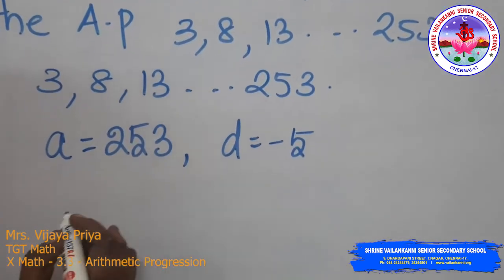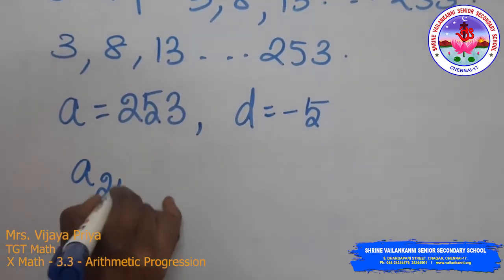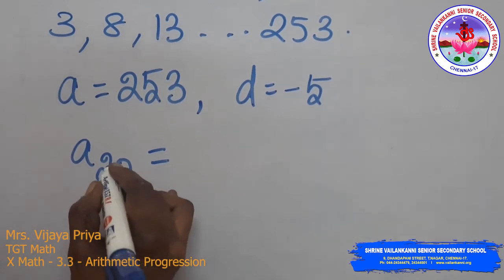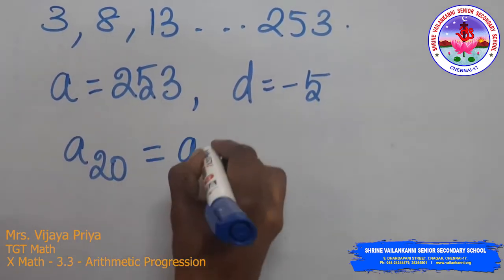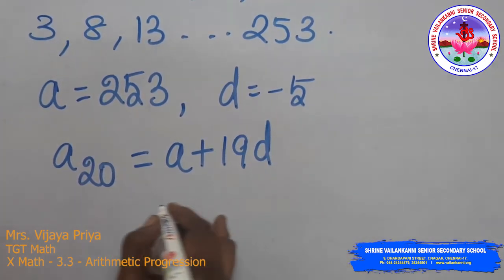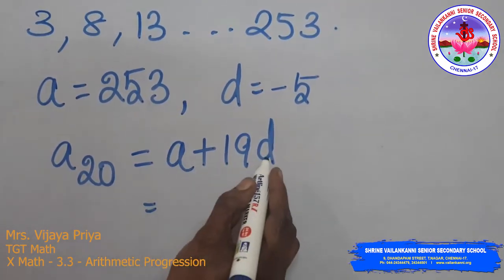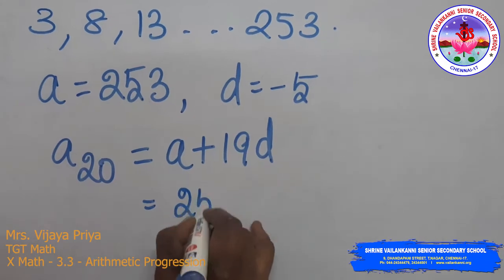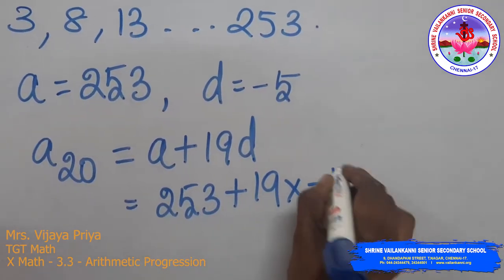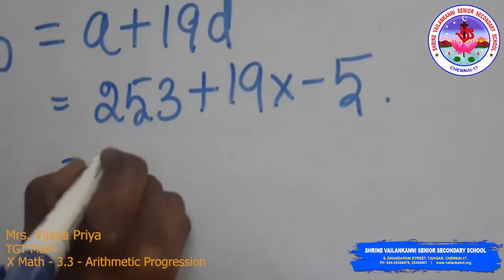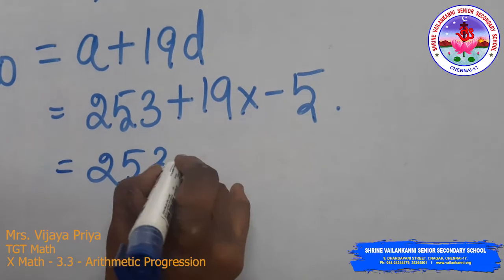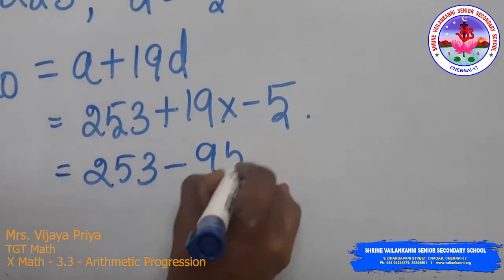So now we are going to find out the 20th term from the last term. So A20 will be A plus 19D using my nth term formula. Now I am going to substitute A and D here. A is 253 plus 19 into minus 5, which becomes minus 95.